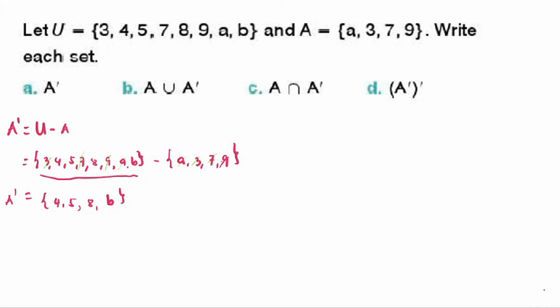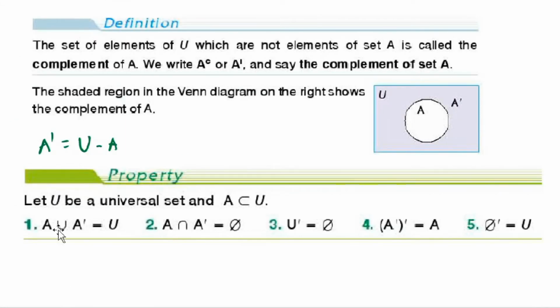So let's try another example. For letter B, we have A union A complement. Our expected answer for this, if we take a look again at the property, is that A union A complement is equal to universal.